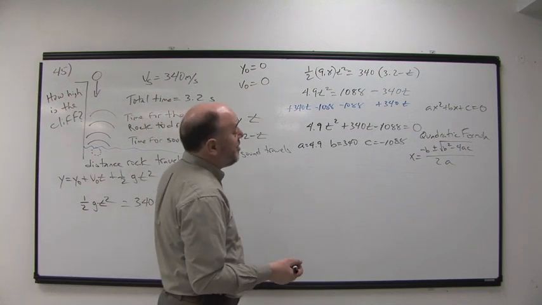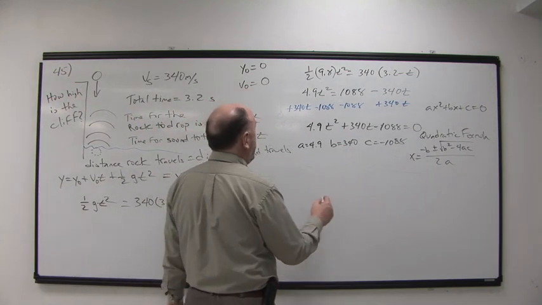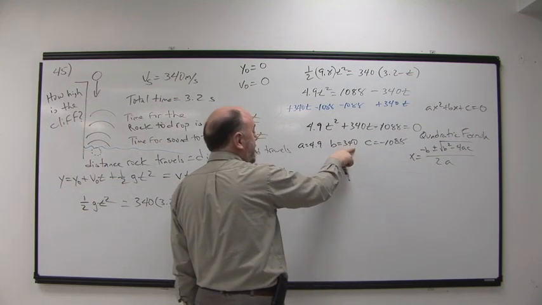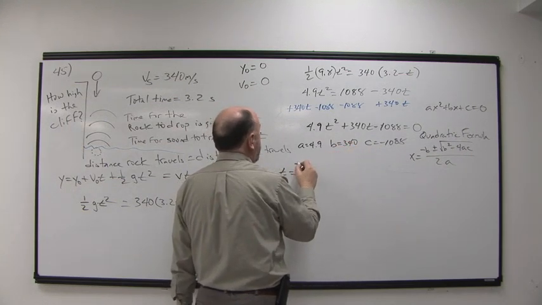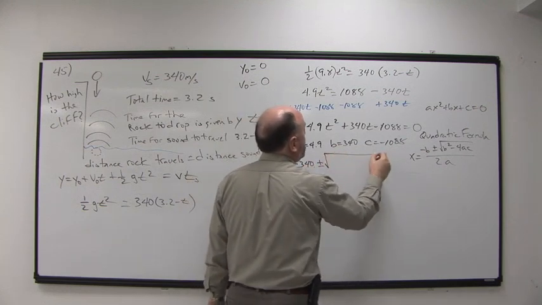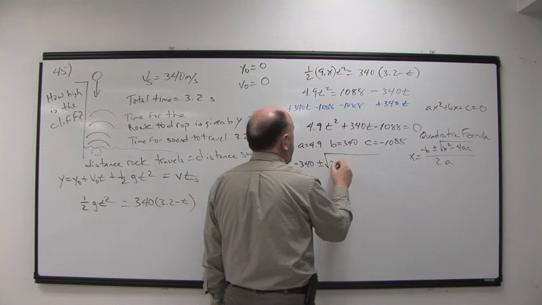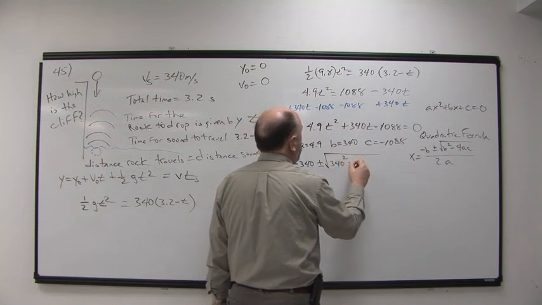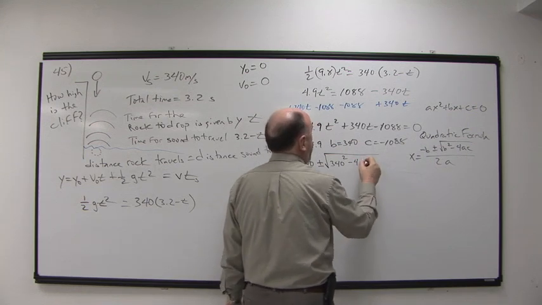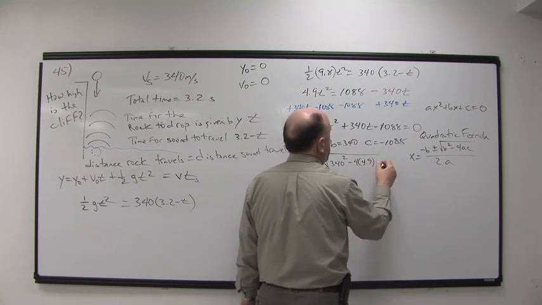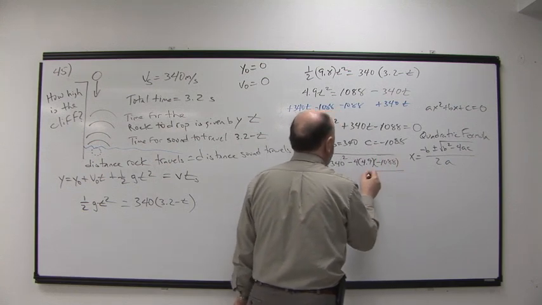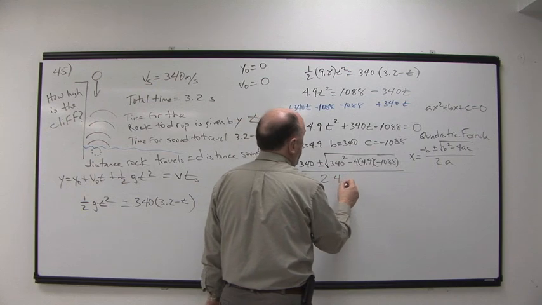Now we take all the numbers and plug them into our equation. Instead of x, we're actually finding t, and so t will be minus b, which means all it does is change the sign. So minus 340 plus or minus the square root of 340 squared minus 4 times 4.9 times negative 1088, all over 2 times 4.9.